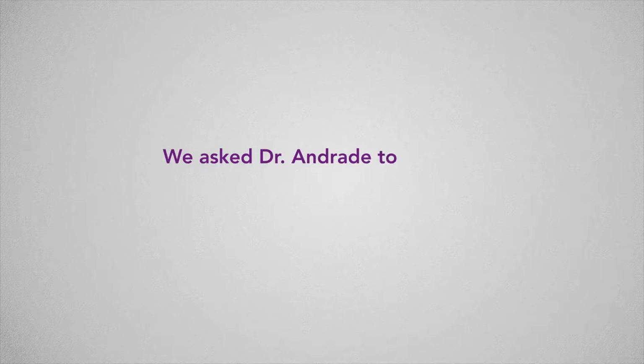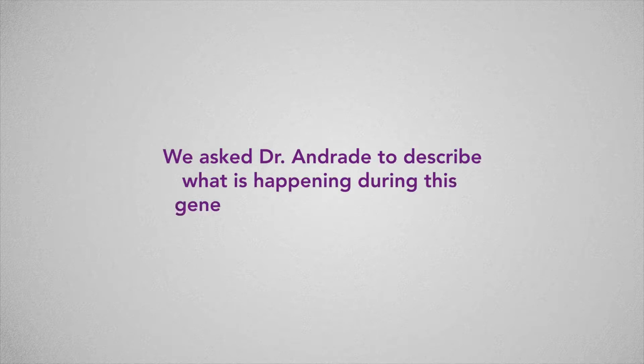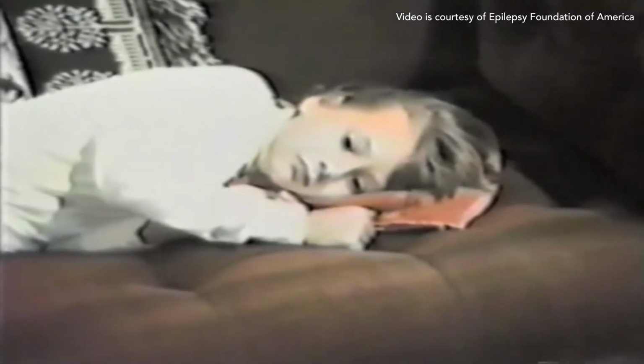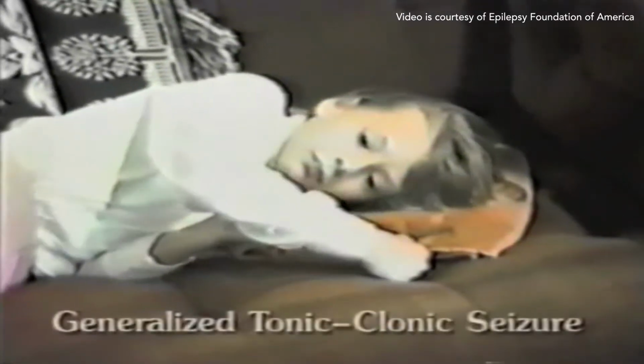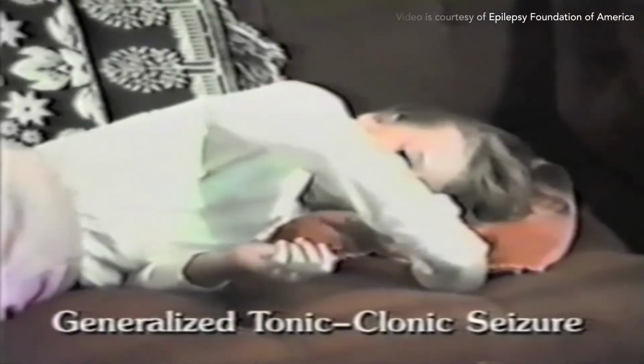We asked Dr. Andrade to describe what is happening during this generalized tonic-clonic seizure. This is an example of a convulsive or a motor seizure. So just notice how there is a twitching component of the body of the child, affecting more so the right side. There's also some posturing going on. So there's the tonic component or the stiffening of the body.